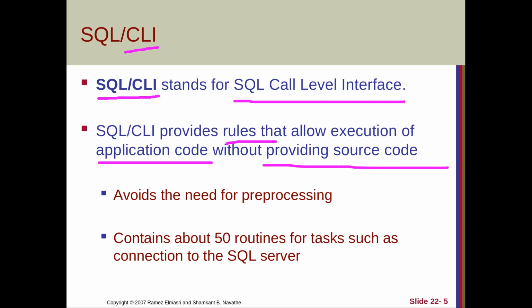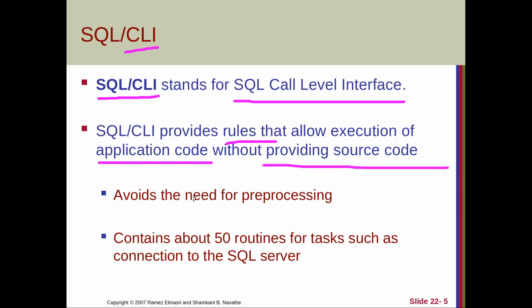We can write a function, store it within the library, and simply call that function by its name. So without knowing the internal details, we can execute that function. The call level interface provides the facility for executing a particular operation or function without knowing the internal details.